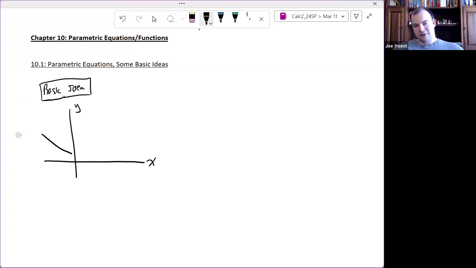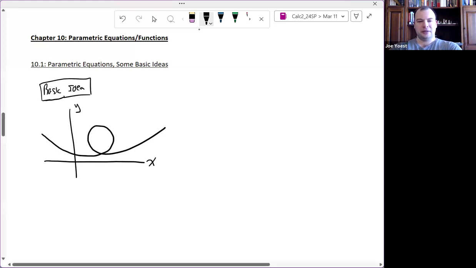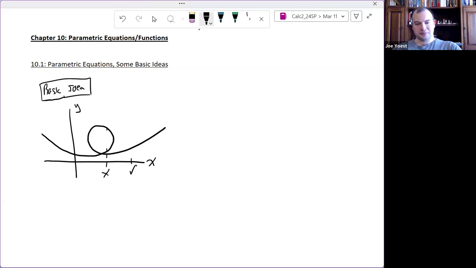Maybe we have a function like this that we would like to model. So if I try to say for a given input x, what's the output y? I guess sometimes I can do that, but sometimes that doesn't work so well.